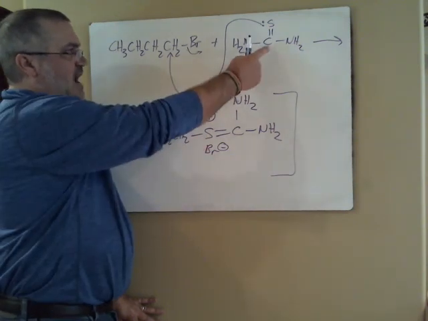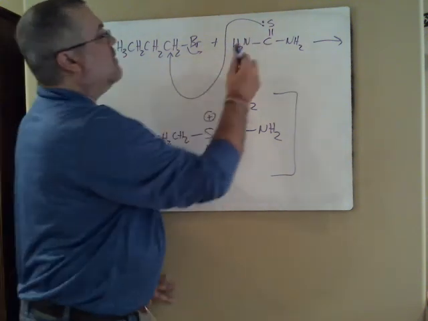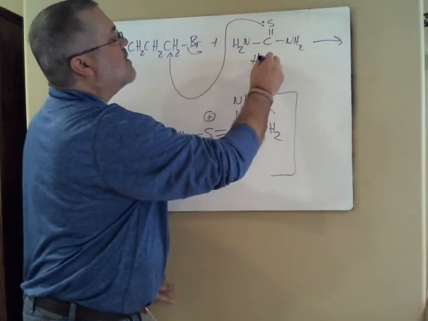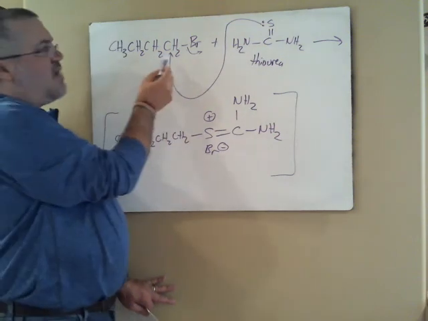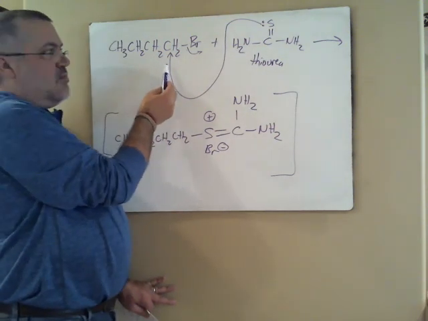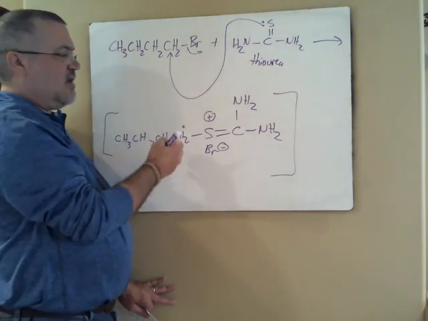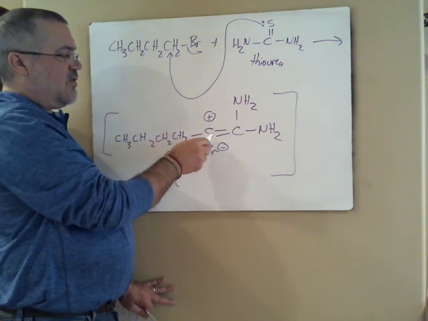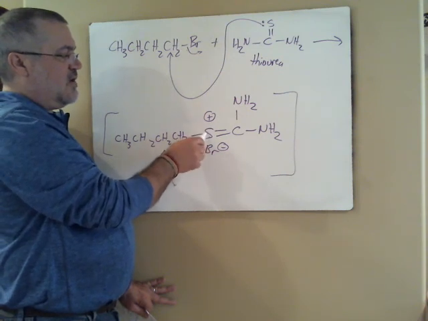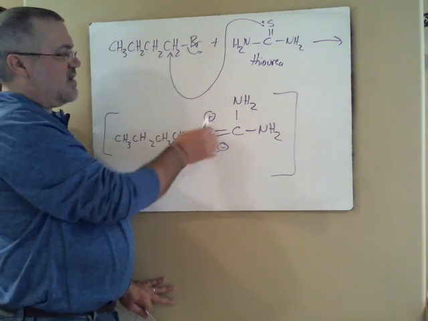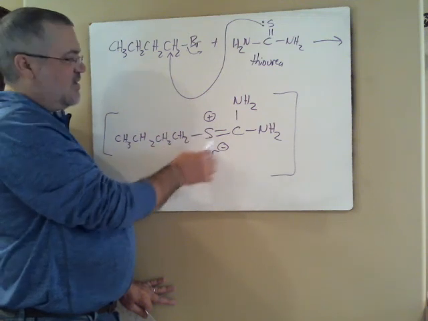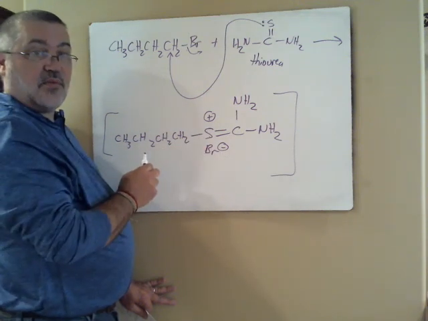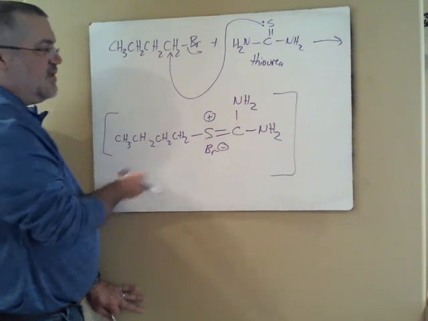So you can react all of your thiourea with your alkyl halide without any chance of this sulfur being nucleophilic enough to react again, because it's actually got a plus charge here. That sulfur is not nucleophilic anymore. So I formed this nice stable intermediate.